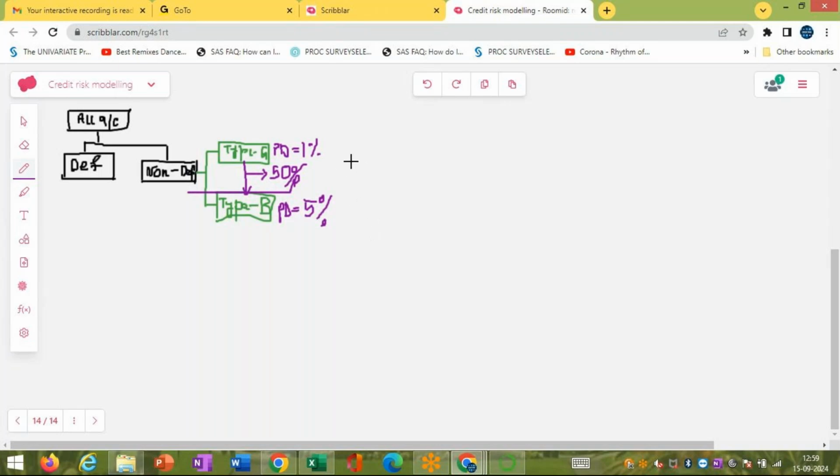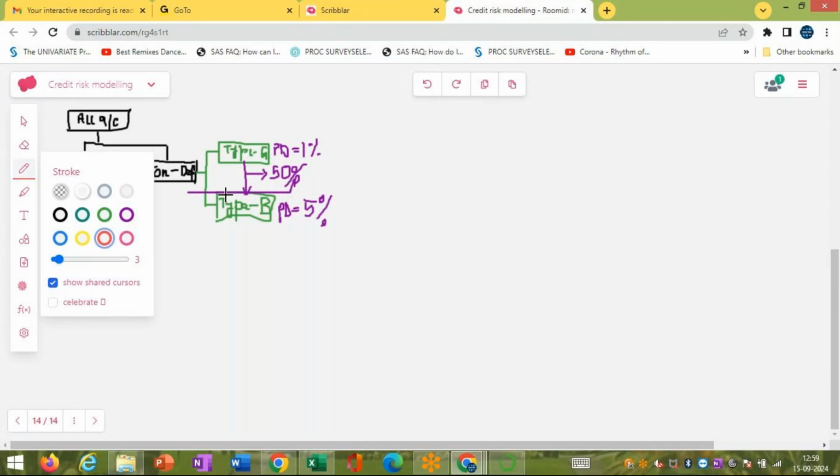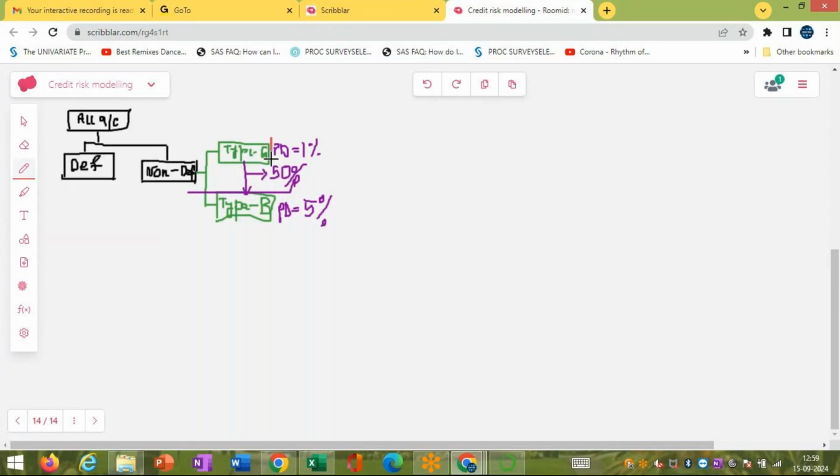Now for the first year, what will be the expected default rate? So the expected default rate for the first year will be the same as the PD in this segment, right?